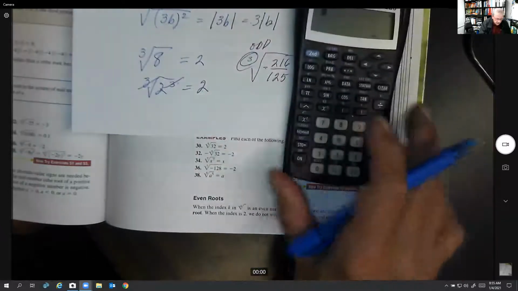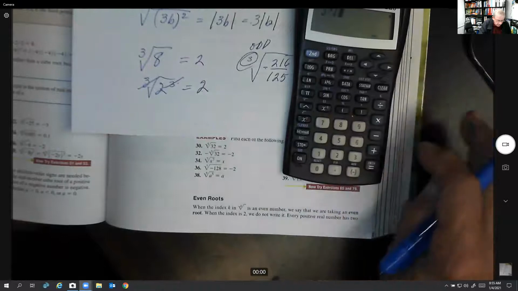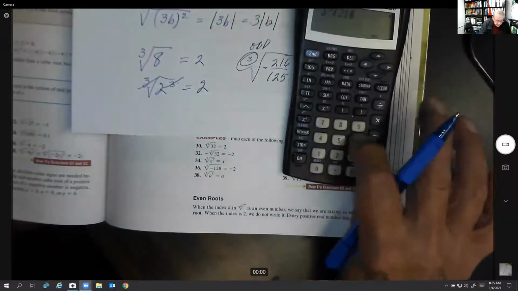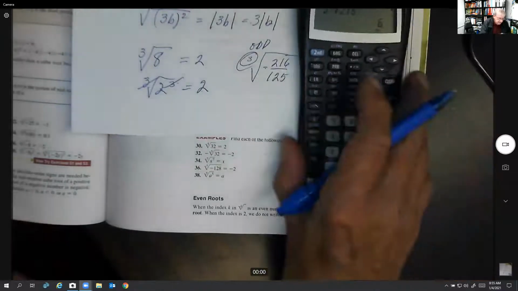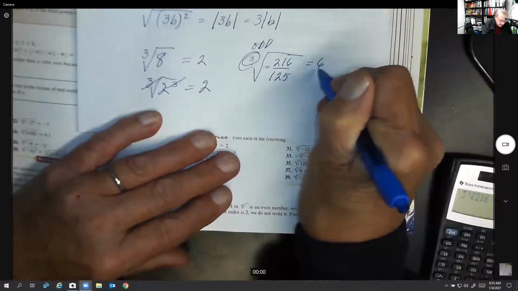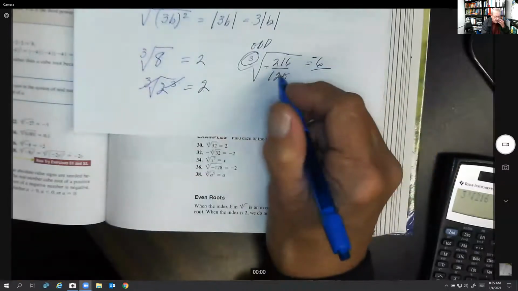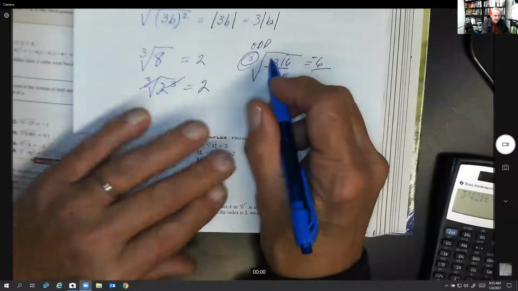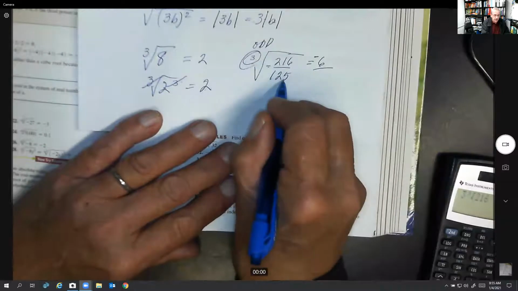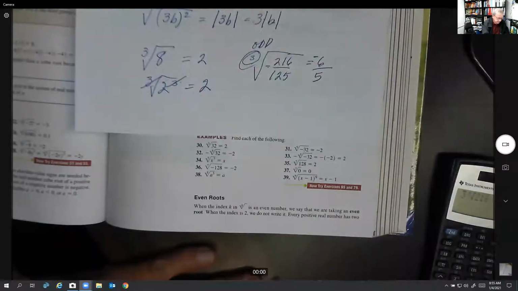So we want to put in the 3, second, up arrow, 216, which is 6. 6 times 6 times 6. And this will come out negative. It's okay. You can do that on an odd index, but not on an even. And the cube root of 125 is 5. So it's a little tricky there.